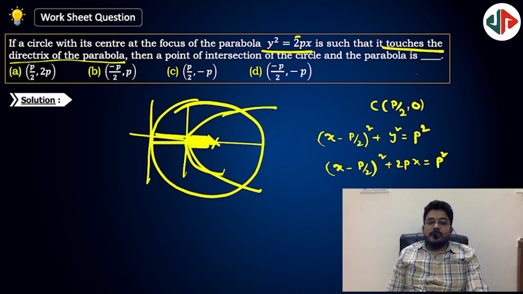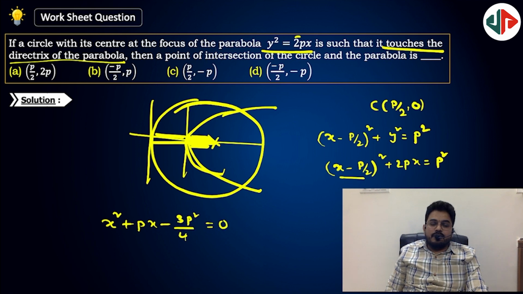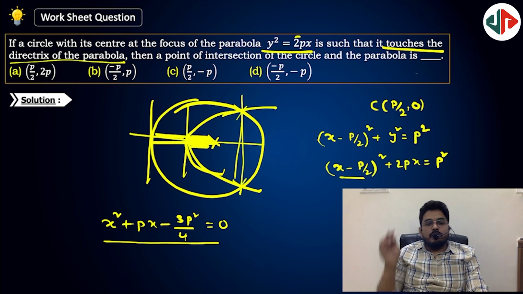Now this length is p by 2, this value will be p. So what you are going to get? X square plus px minus 3p square by 4 is equal to 0. You just check it out. So you are going to get these two. Two values are possible.